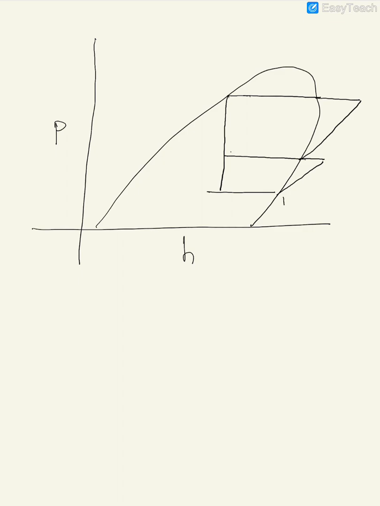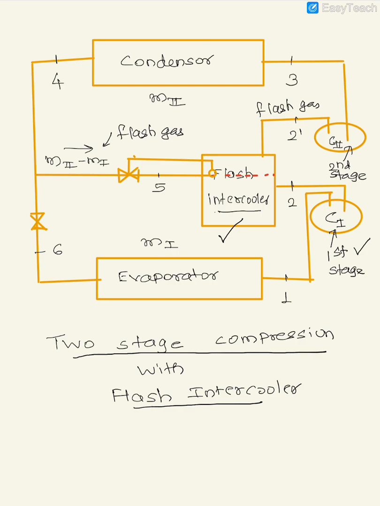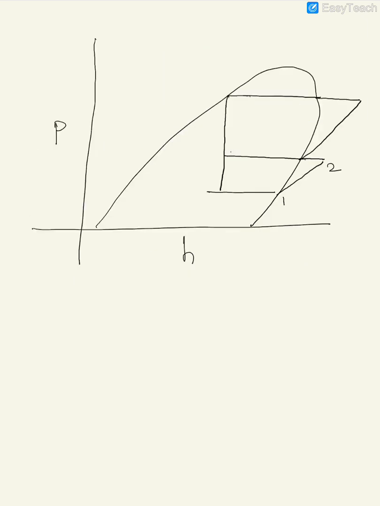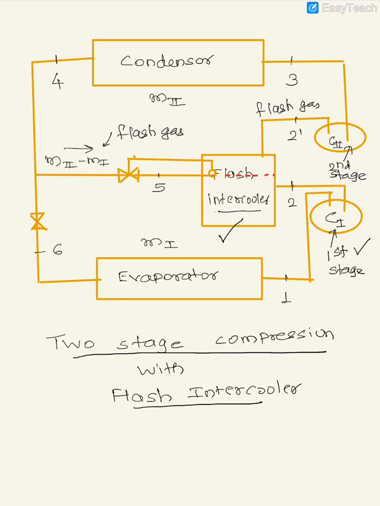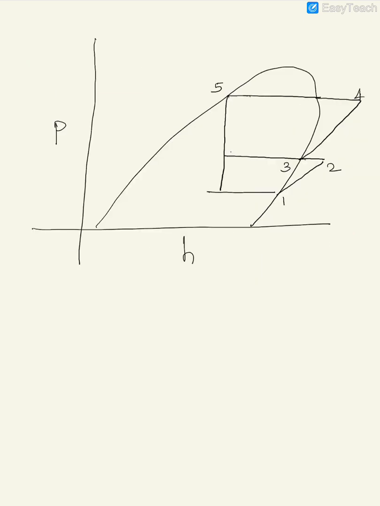So 1 to 2 is compression, the first stage compression, then flash intercooling 2 to 3, 3 to 4 is compression in the second stage, then 4 to 5 is condensation, 5 to 6 is... 3 to 4 is okay. This is 2 dash in my nomenclature, so just let me correct this.